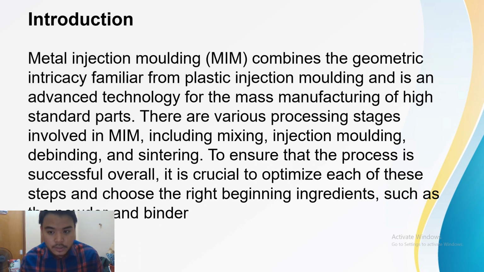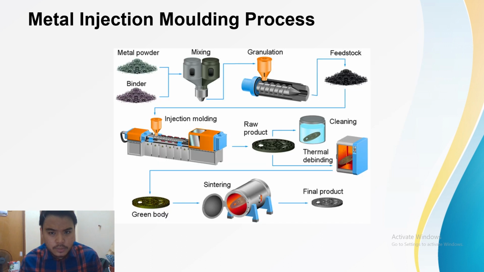There are various processing stages involved in metal injection molding, including mixing, injection molding, debinding, and sintering. To ensure that the process is successful overall, it is crucial to optimize each of these steps and choose the right beginning ingredients such as the powder and the binder.